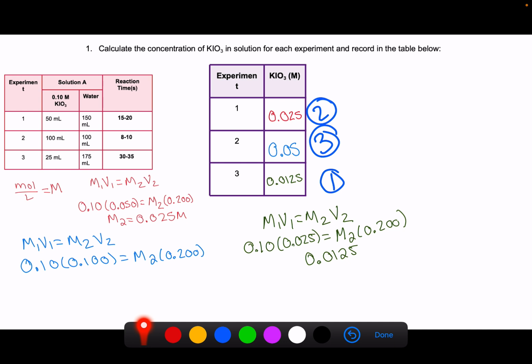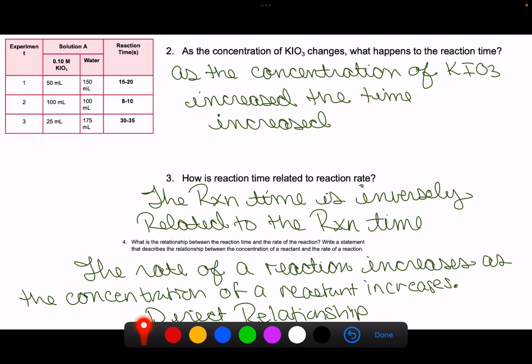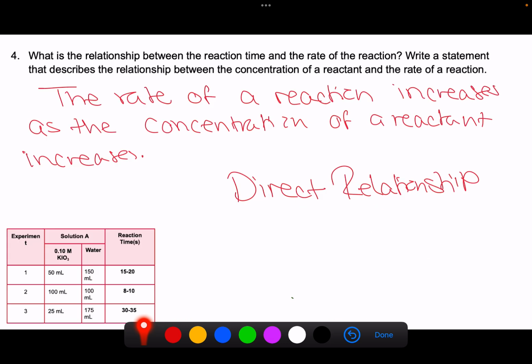How is reaction time related to reaction rate? The reaction time is inversely related to the reaction rate. Then, what is the relationship between the concentration and the rate of reaction? The rate of reaction increases as the concentration of the reactant increases. So that's a direct relationship.